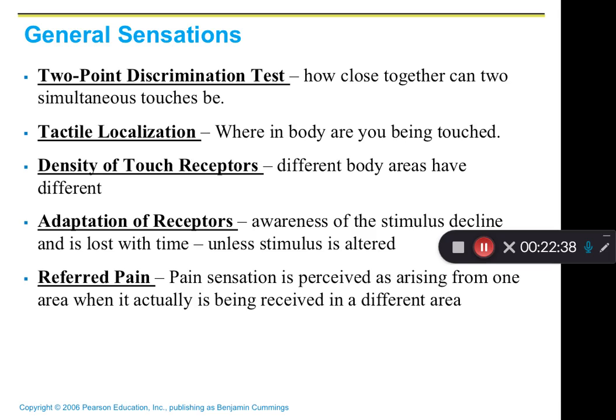Referred pain. That means if we feel pain in one body region, we may feel this pain in another body region. For example, if the patient has a heart attack, we know a heart attack is induced by the shortage of blood supply and oxygen to the cardiac muscle.